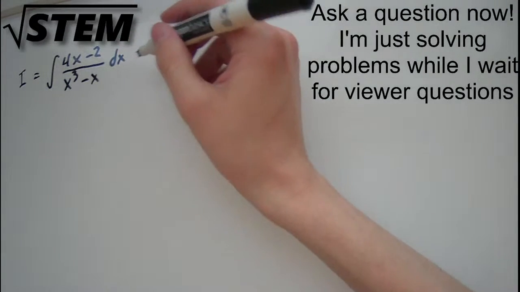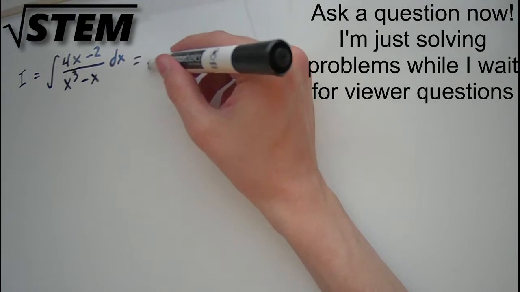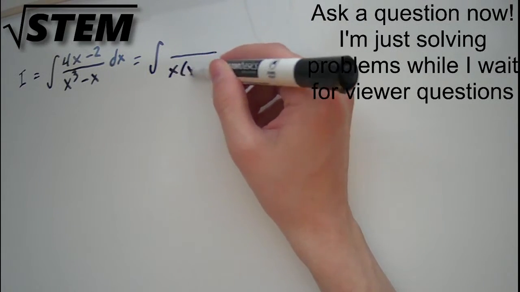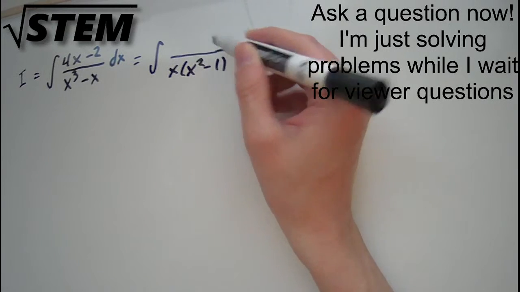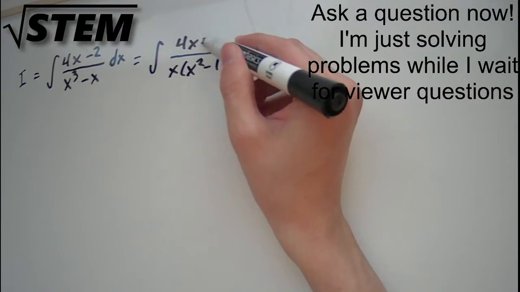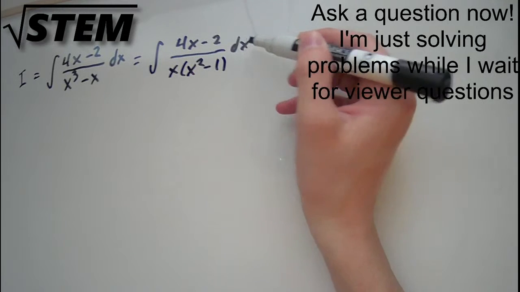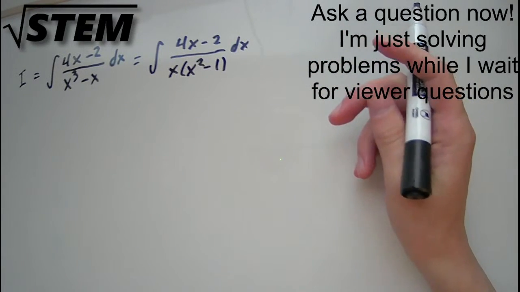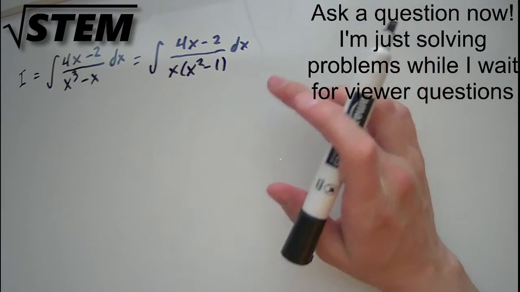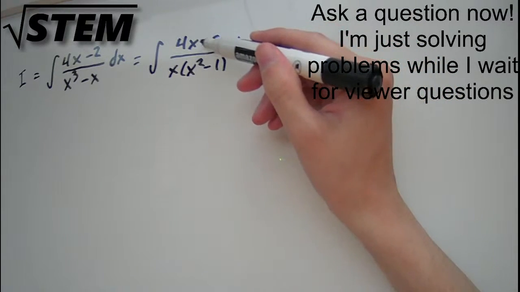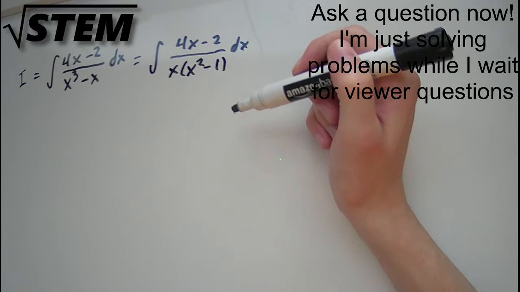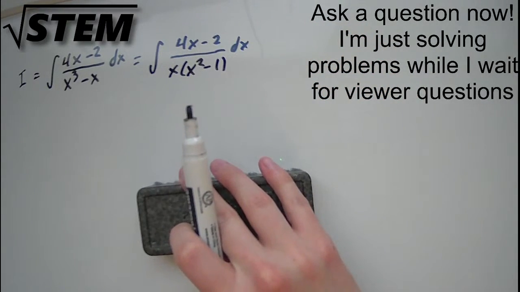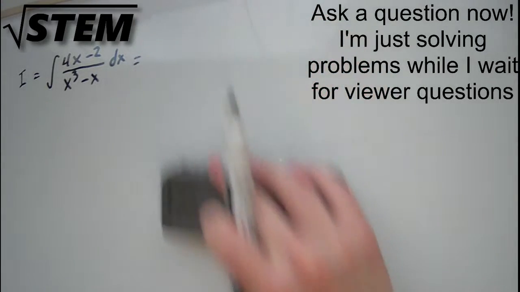So first thing I'm seeing is, let's factor the denominator, x times x squared minus 1, 4x minus 2 dx. And let's also break this up at the subtraction there in the middle.